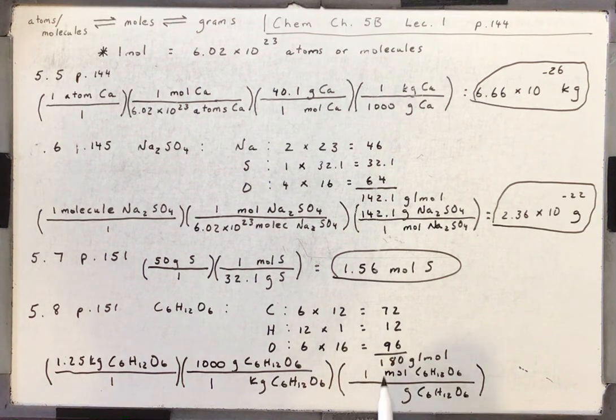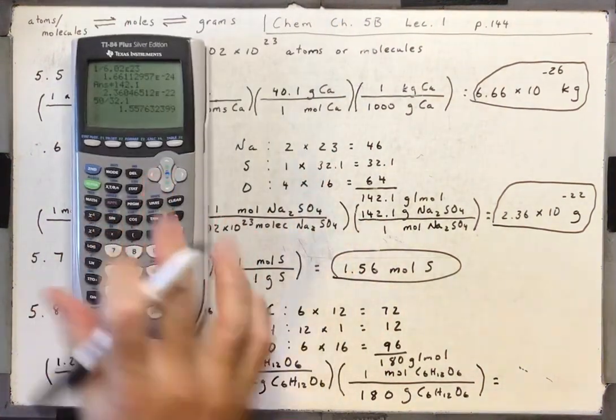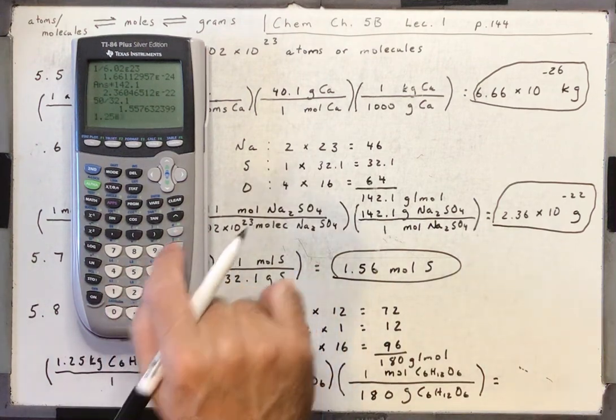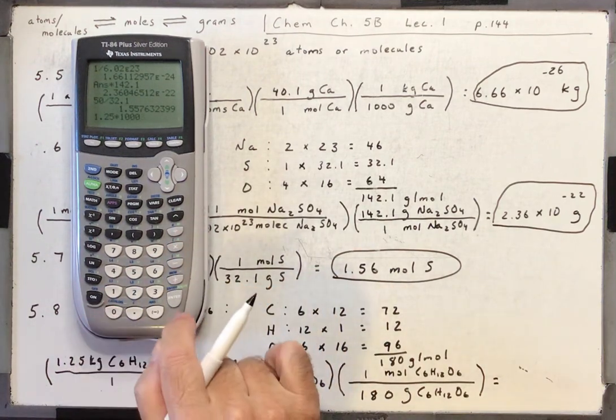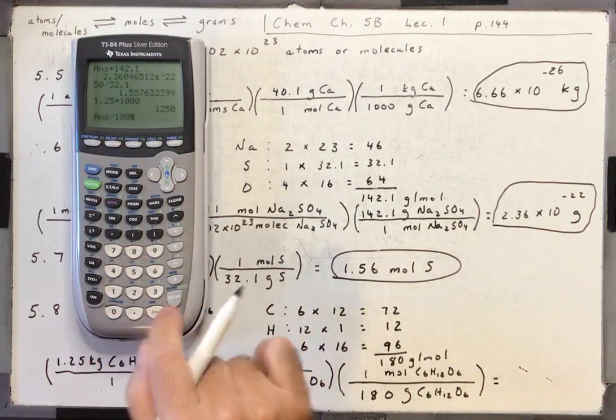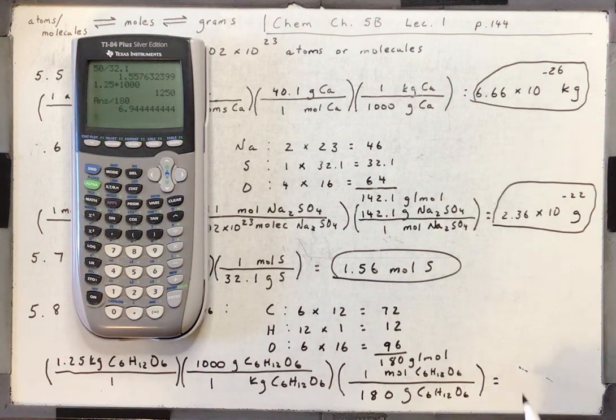The 1 goes by. And then we added it up. There's 180 grams in a mole. All right, so we've got 1.25 times 1,000. And then divide that by 180. And you've got 6.94 moles.